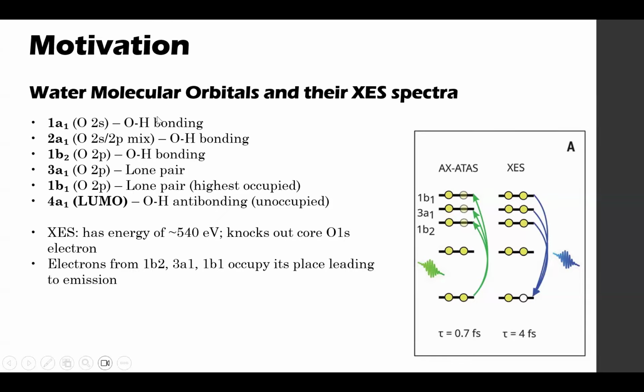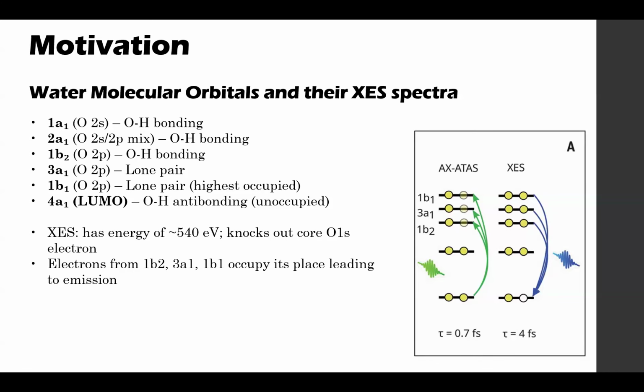In water, we have H and O, of course, and the molecular orbitals of water are formed due to the mixing of the atomic orbitals of O, such as 2s, 2px, 2py, and 2pz, with those of H, the two H 1s orbitals.